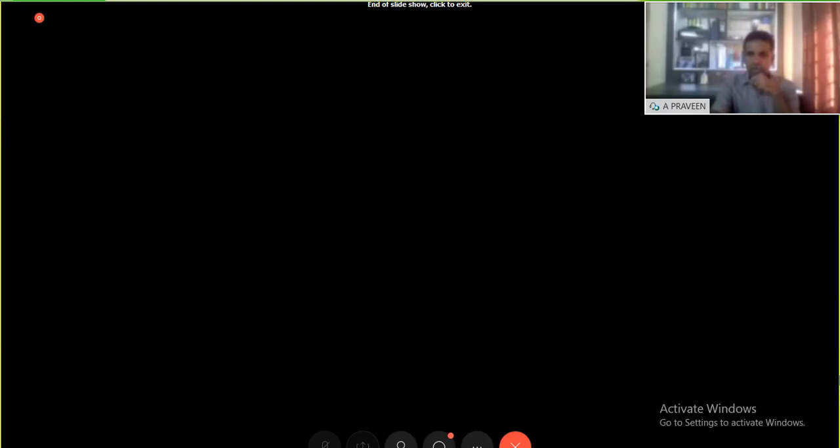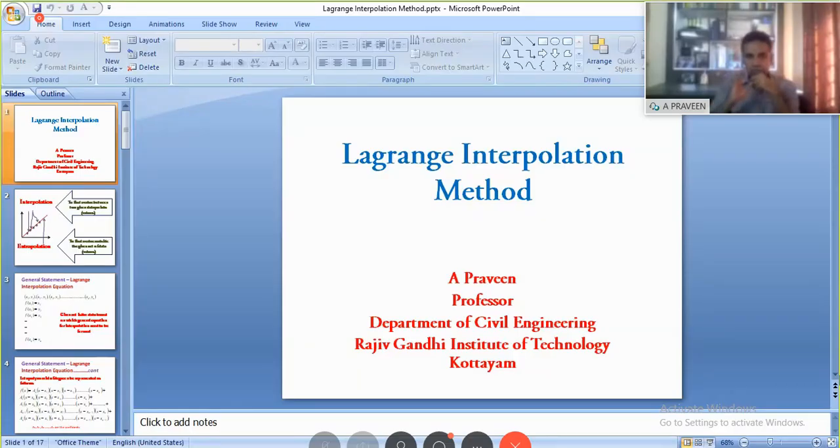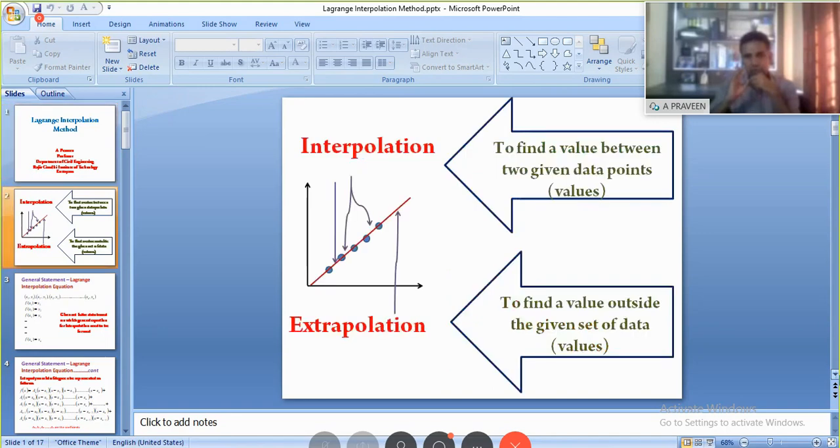From the exam perspective, we should be able to explain what a Lagrange interpolation function means in general, and how a general polynomial structure for Lagrange interpolation can evolve.